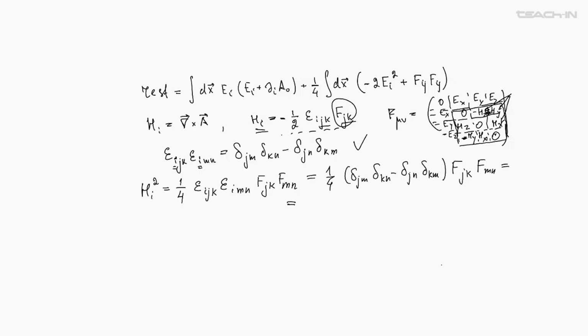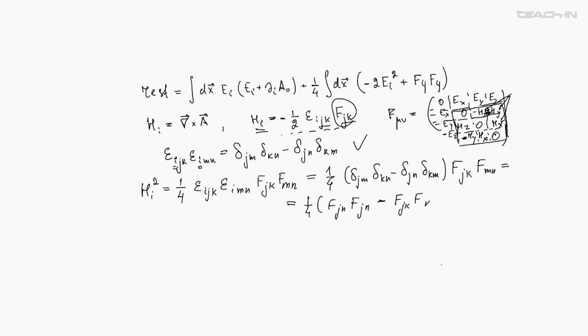From the first term, Fjn, Fjn, since m is replaced by j, you will get Fjn Fjn minus Fjk, where m we replace by k, and n we replace by j.